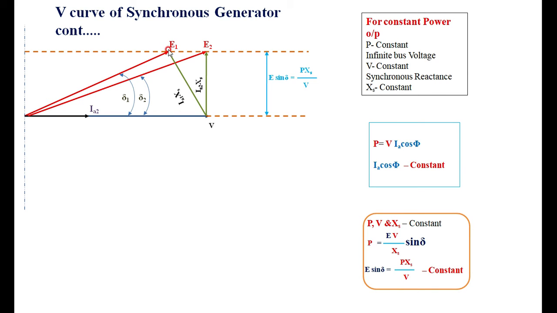To get E1, I add IAXs to V, and this IAXs should be perpendicular to the current I. Therefore, because of the under excitation, the current IA moves from unity power factor to leading power factor.